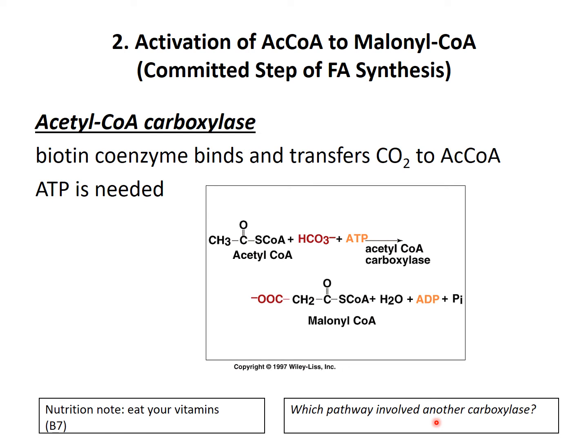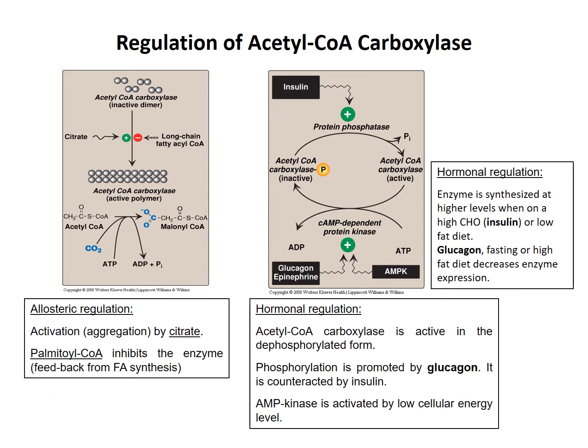Even the previous figure contained that to produce oxaloacetate, and oxaloacetate is important for transferring the acetyl coenzyme A out of the mitochondria, but it is also the starting material of gluconeogenesis, and pyruvate carboxylase is the anaplerotic reaction for the Krebs cycle.